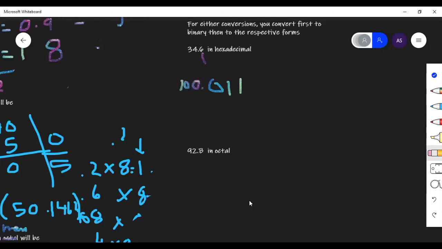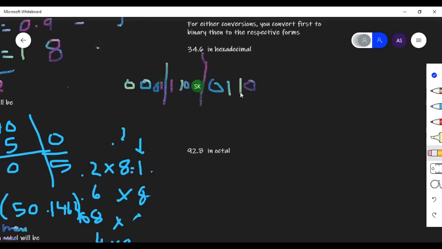Right? So now what we're going to do is convert this into hexadecimal, in 4 bits. So we're going to add zeros here and zeros here, because 0 won't have any impact. And we're going to break this into 4 chunks here and here, right?